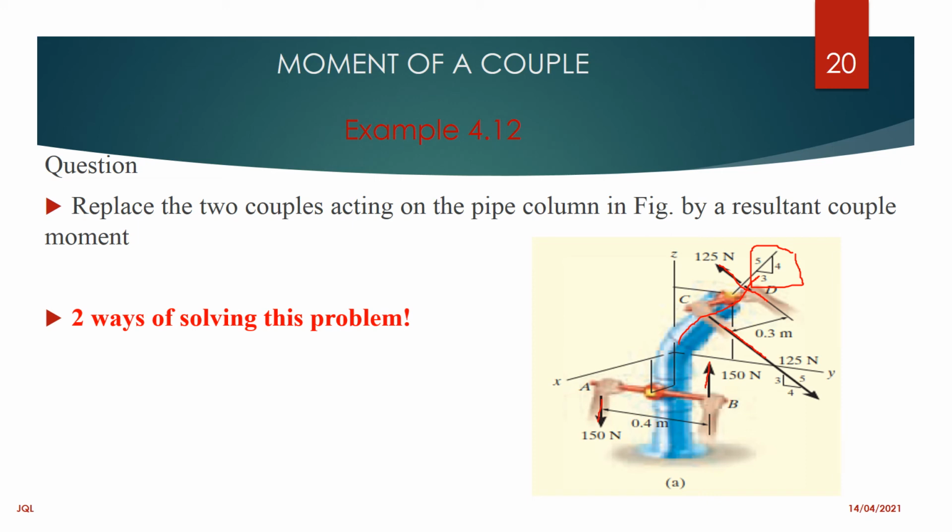There are two ways of solving that problem: using a scalar method or using the vector analysis. Vector analysis is by using the cross product. If you want to use the scalar, it is by calculating the moment as the perpendicular distance times the force. Then at the end, you do the summation of your forces, summation of your moments.